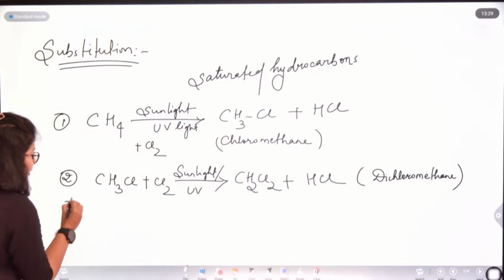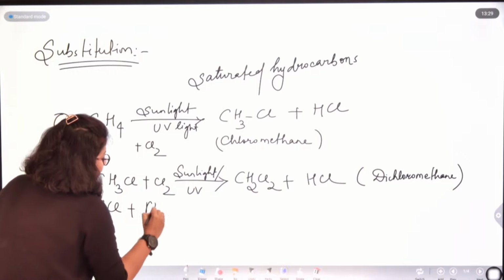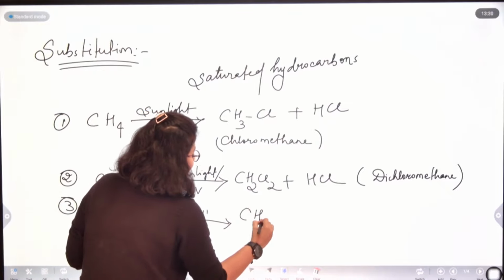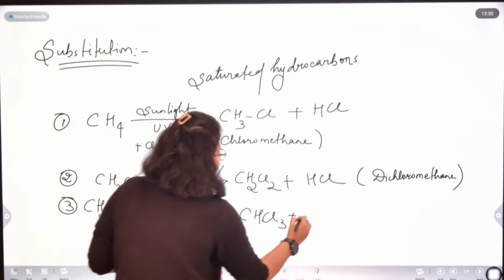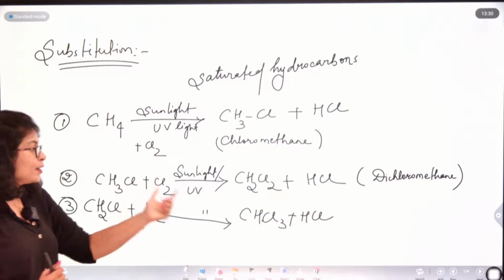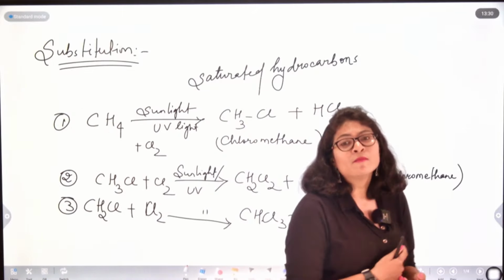Now the third step: CH2Cl2 will react with chlorine under the same condition to form CHCl3 plus HCl. In this step, it forms a very important compound for organic chemists, and you all must have heard about it.